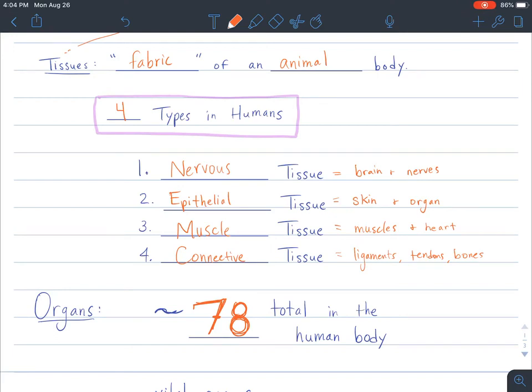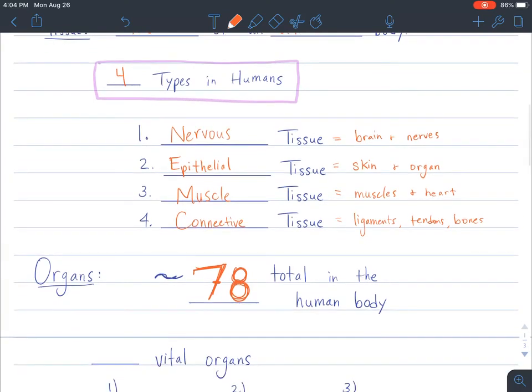So in total, we have somewhere close to 78 total organs in the human body. And the main thing that makes this an estimated amount is because some people define organs as different things. Some people might say your large intestine is a separate organ than your small intestine. So it's all about the definition.